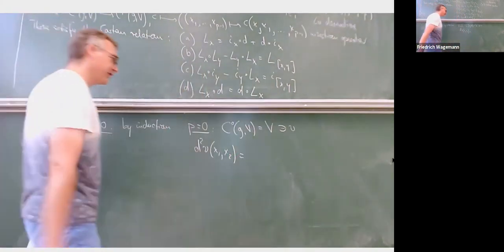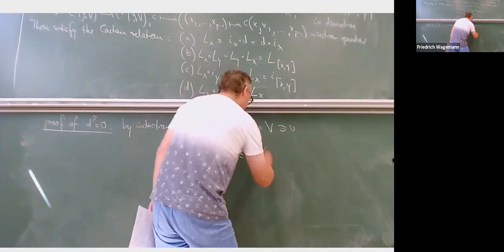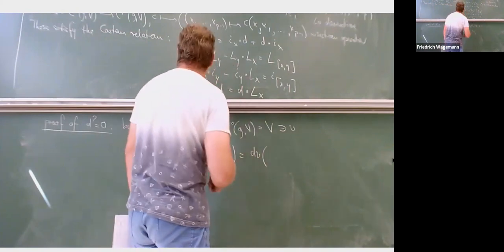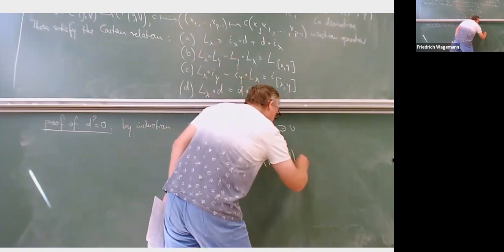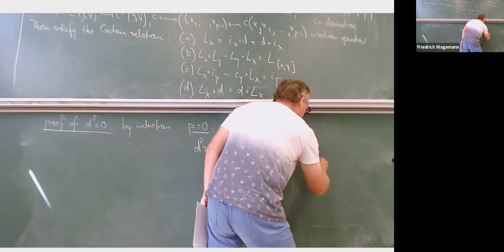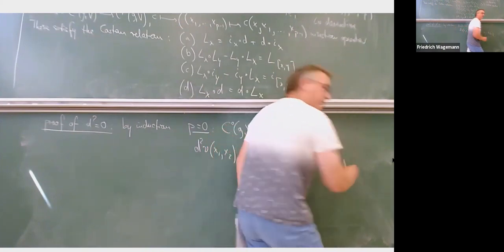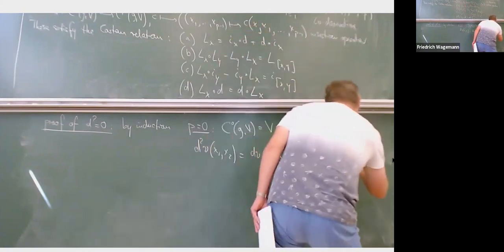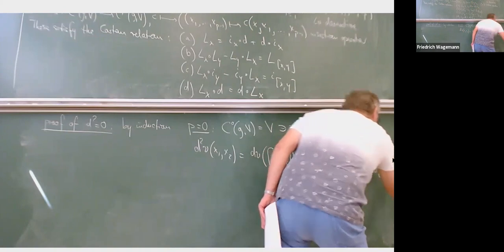So I can evaluate it on two elements, and this is dv evaluated on x1, x2, minus x1 acting on dv of x2, plus x2 acting on dv of x1.